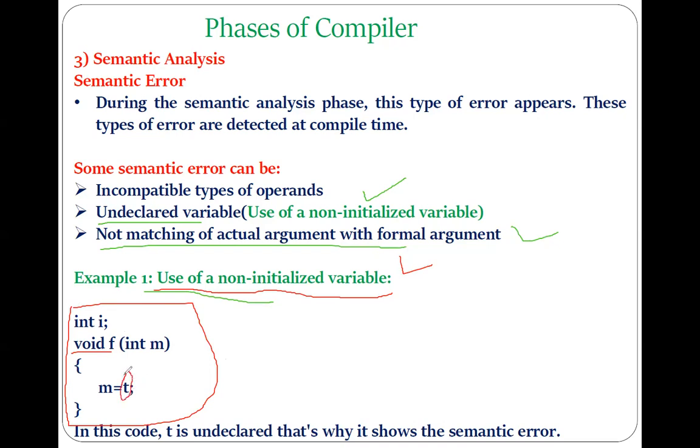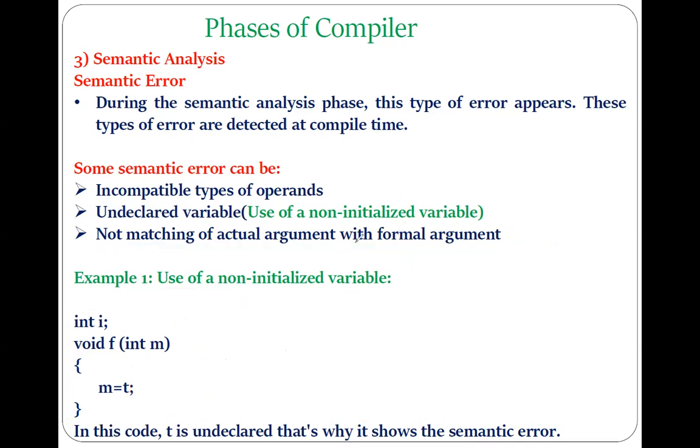In this function, t is not declared, still you are utilizing it. I have mentioned in this code that t is undeclared, and that is why it will show you the semantic error. If you try to utilize some variable which you have not declared, that comes under the category of semantic errors, and detection of that semantic error is the work of semantic analysis.